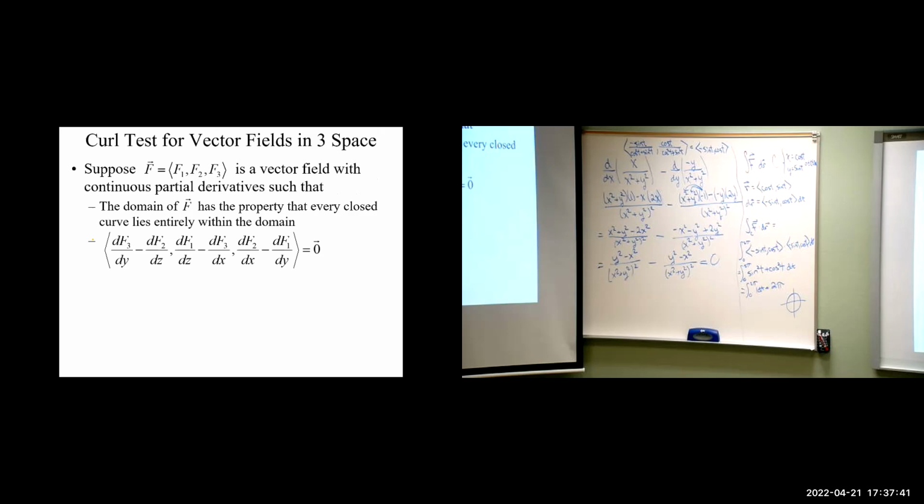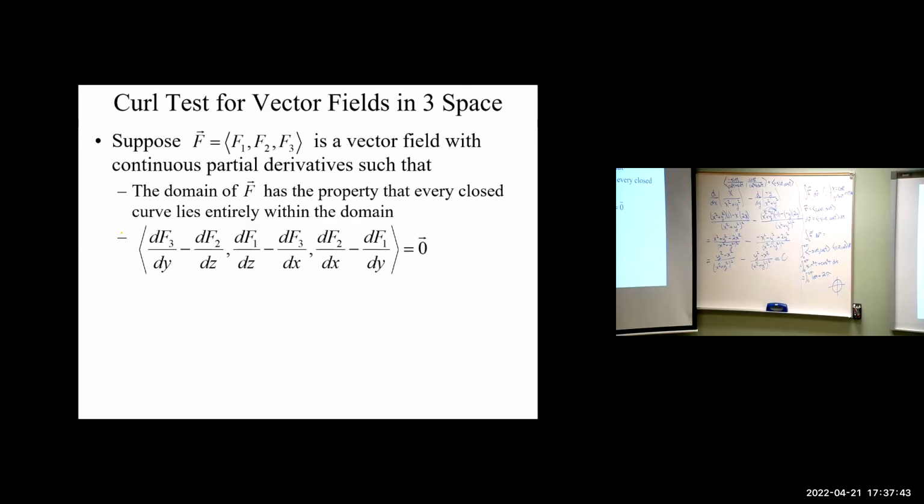You don't have to check all three components. If you already get the first component's not zero, and all you're really doing is the curl test, you're done. You already know it's not conservative and it's not going to be a gradient field. But if you get 0, 0, 0, you know that you have a gradient field, unless of course we have a hole. But as long as we don't have a hole, we have a gradient field, there will be a potential function. And we just need to find that potential function, and then we can use the fundamental theorem.